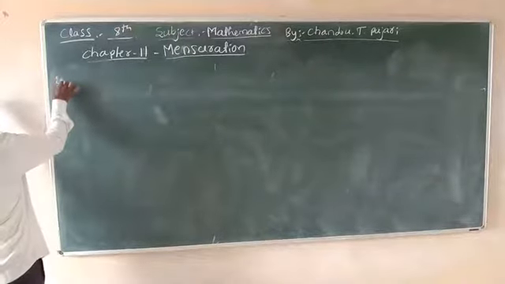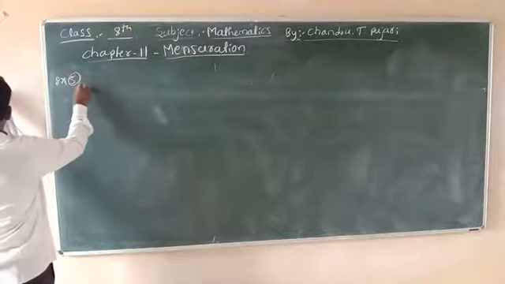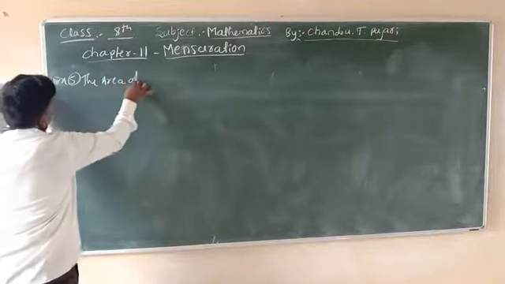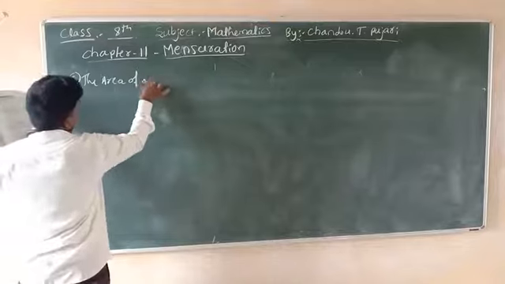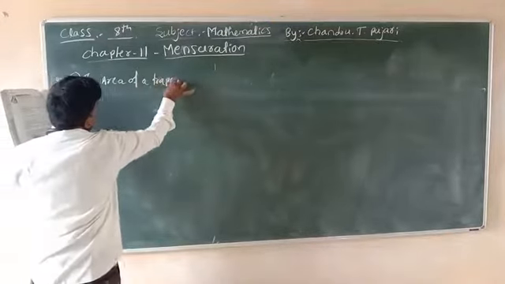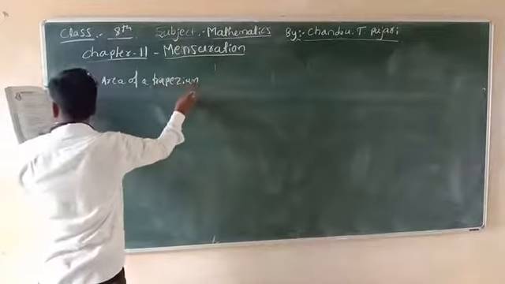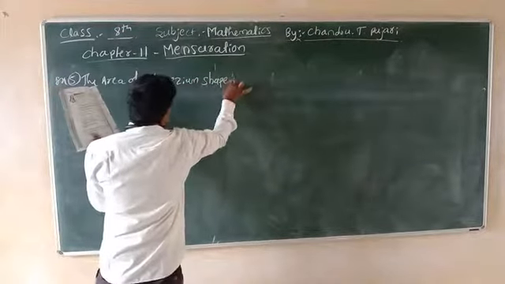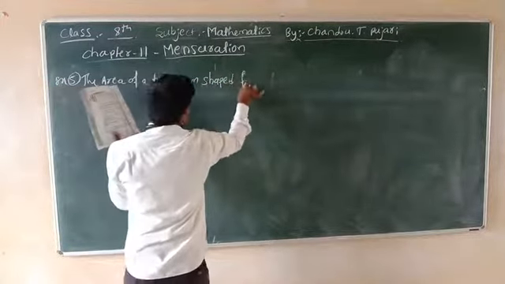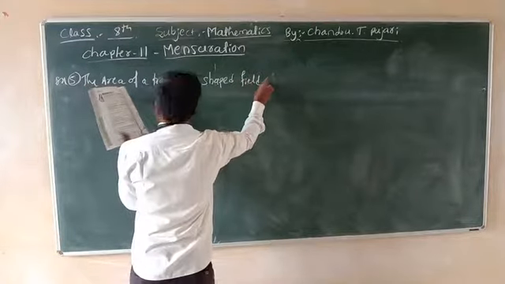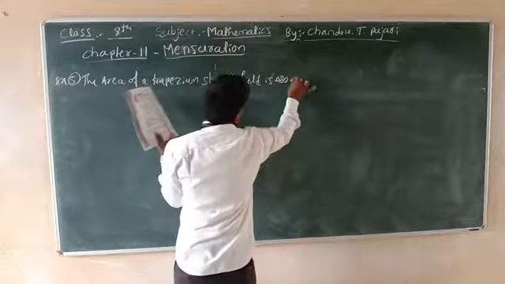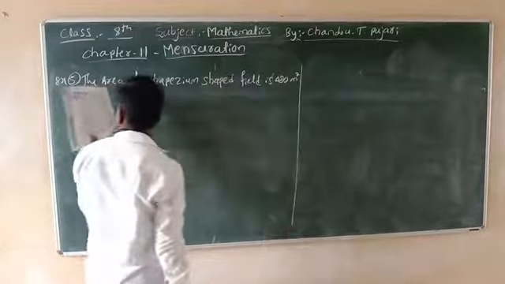Example 5. The area of a trapezium shaped field is 480 meters square.